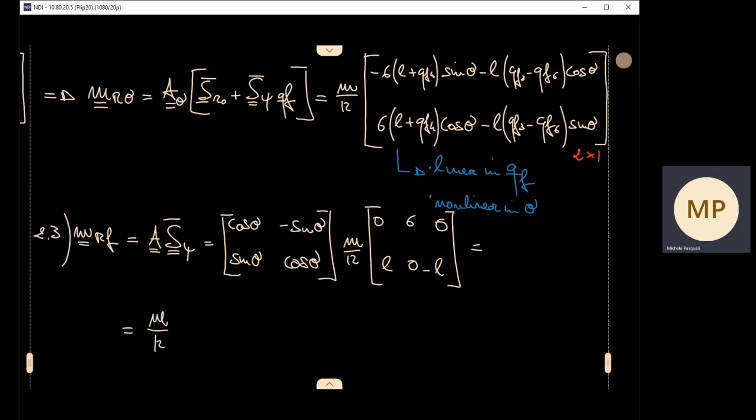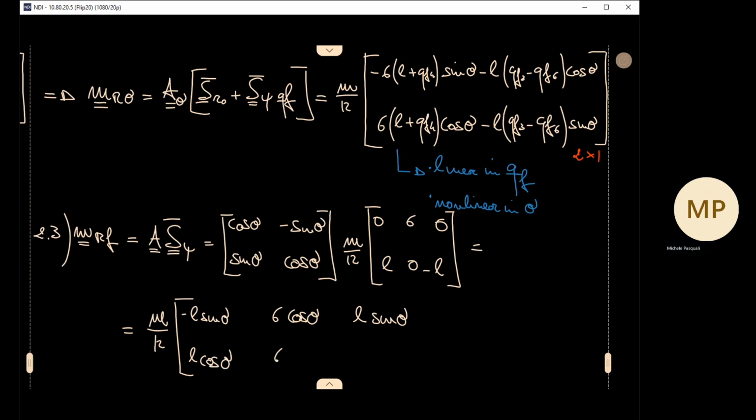M times 1 over 12 applied to minus L sinus of theta, 6 cosinus of theta, L sinus of theta, L cosinus of theta, 6 sinus of theta, minus L cosinus of theta.